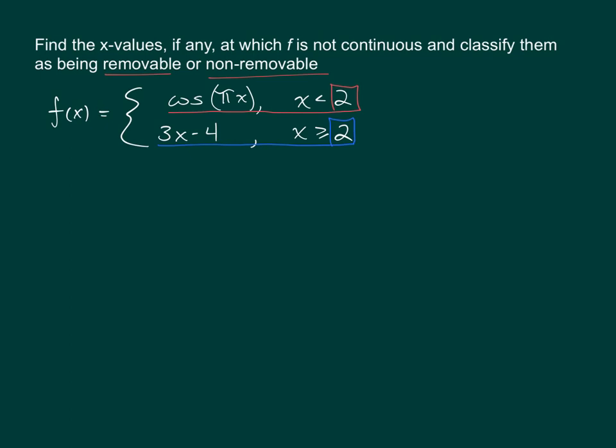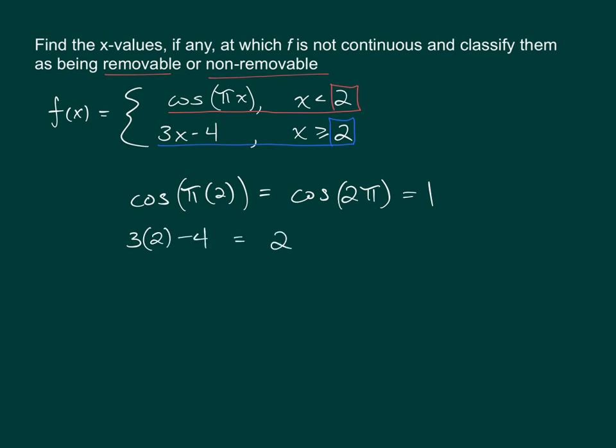If we get the same y value, then this whole function is continuous. So let's take a look at cosine of pi times 2. That's what happens when you substitute 2 in for x here. That gives us the cosine of 2 pi, which is 1. The other function is 3x minus 4, but we're substituting 2 in for that x. That gives us 2. So these do not match.